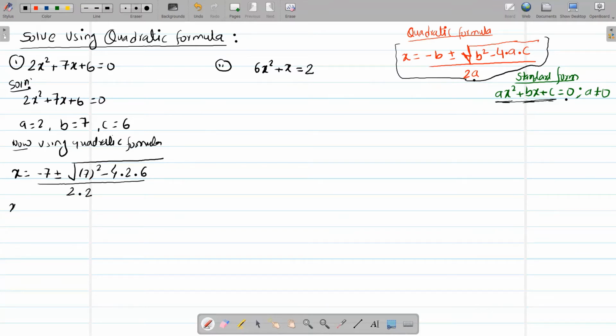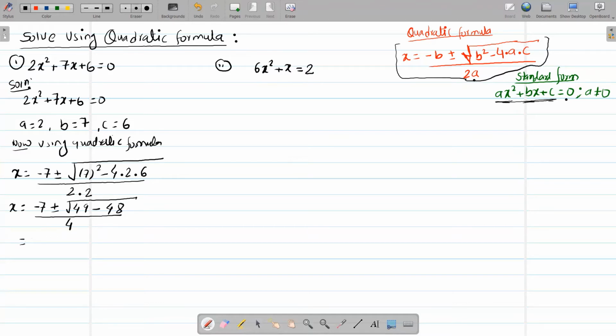So our x is negative 7 plus or minus, now 7 square is 49 minus 4 times 2 is 8, 8 times 6 is 48, over 2 times 2 is 4.